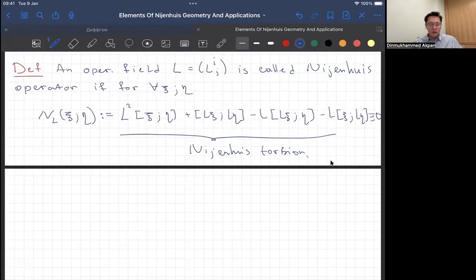Probably you've seen these operators and this Nijenhuis torsion in very different directions in math, for example in complex geometry, when you study complex structures on manifolds. There is a very famous theorem of Newlander-Nirenberg that claims that an almost complex structure is a complex structure if and only if the Nijenhuis torsion vanishes.